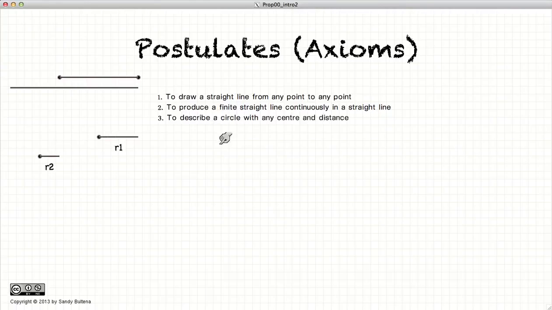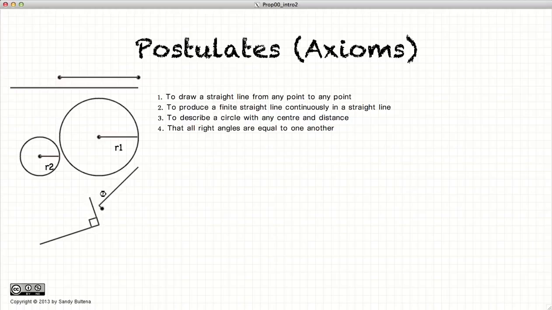The third postulate is that it is possible to draw a circle given any center and a radius. The fourth postulate states that any right angle is equal to any other right angle, or that all right angles are equal.